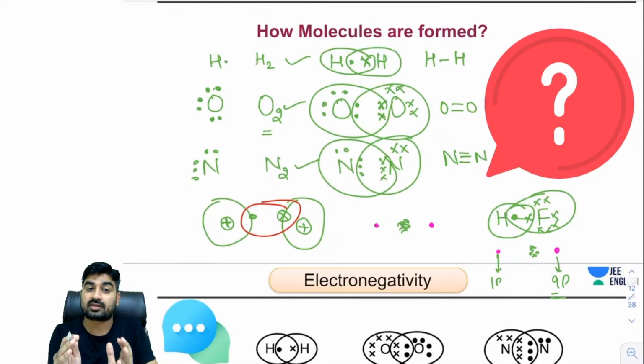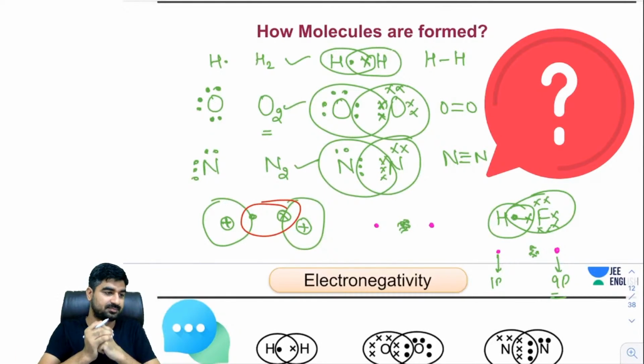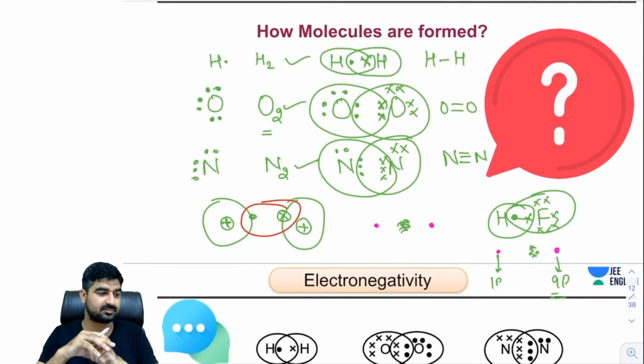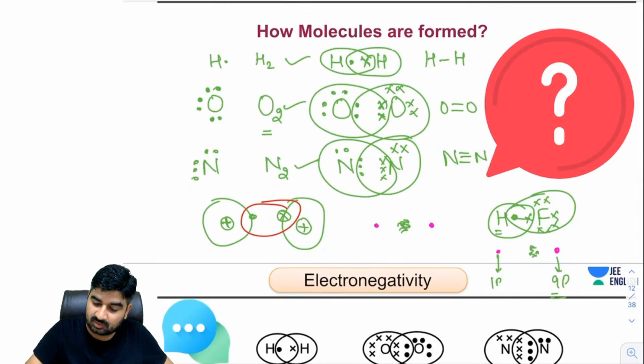Now which nucleus will attract the shared pair of electrons more strongly? Tell me. Is it hydrogen or is it fluorine?